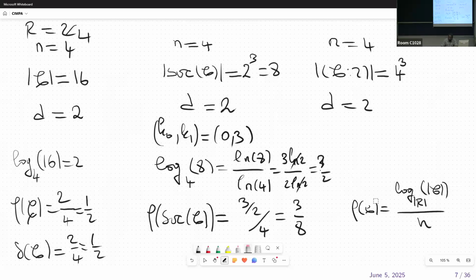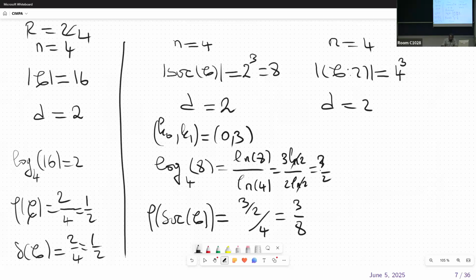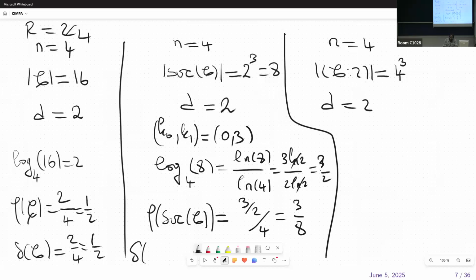Okay, we can erase this. Here, the relative rate of the circle is the same.